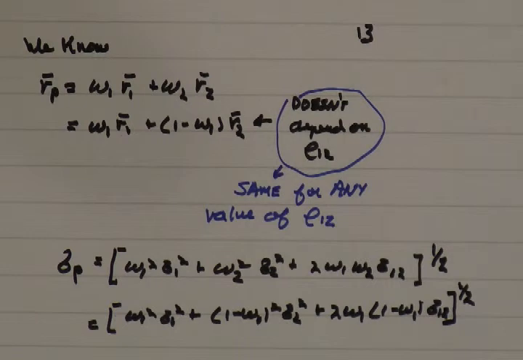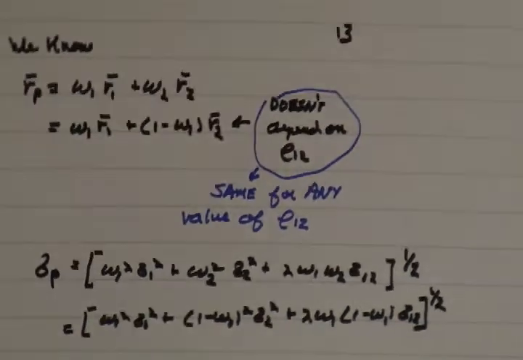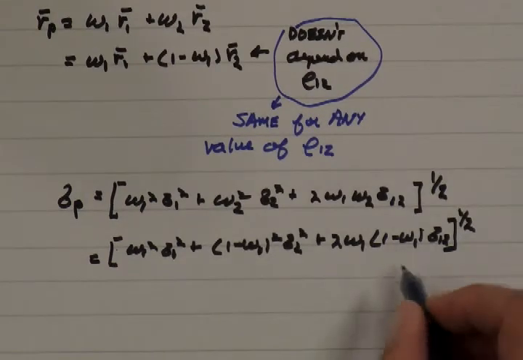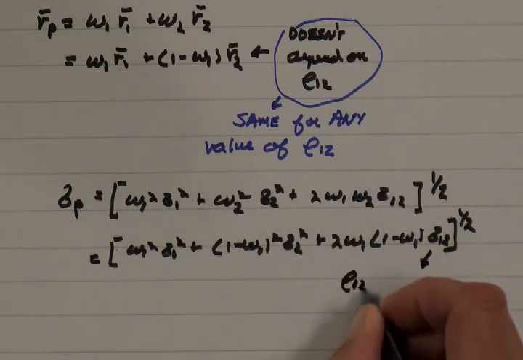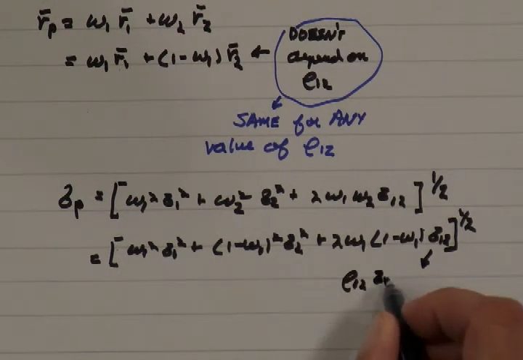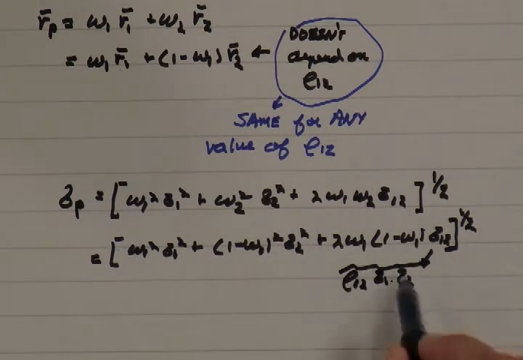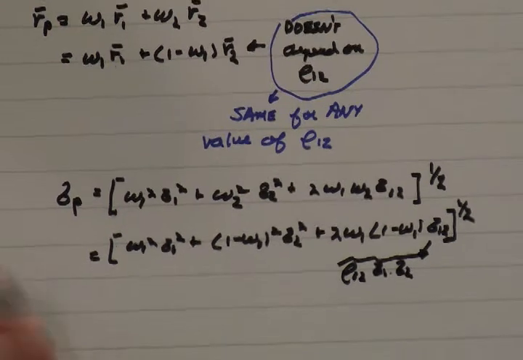Now clearly this is going to depend on the correlation coefficient. Why? Because we can express this as rho 1 2 sigma 1 sigma 2, from the definition of a correlation coefficient.